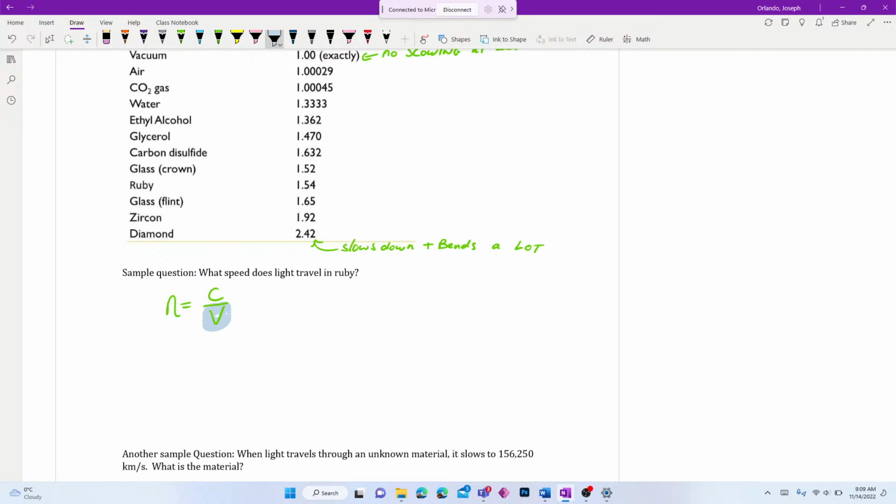Yeah, we rearrange it. How could I solve for v here? Yeah, I'm going to have to multiply both sides by v so we can get it out of the bottom of that fraction. So I would have vn equals c. And of course, v is still what I want to solve for. What would I do from there?